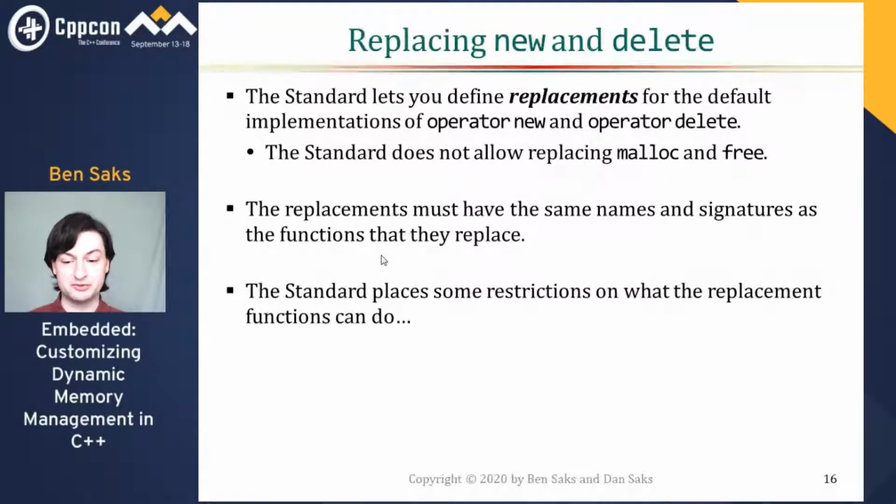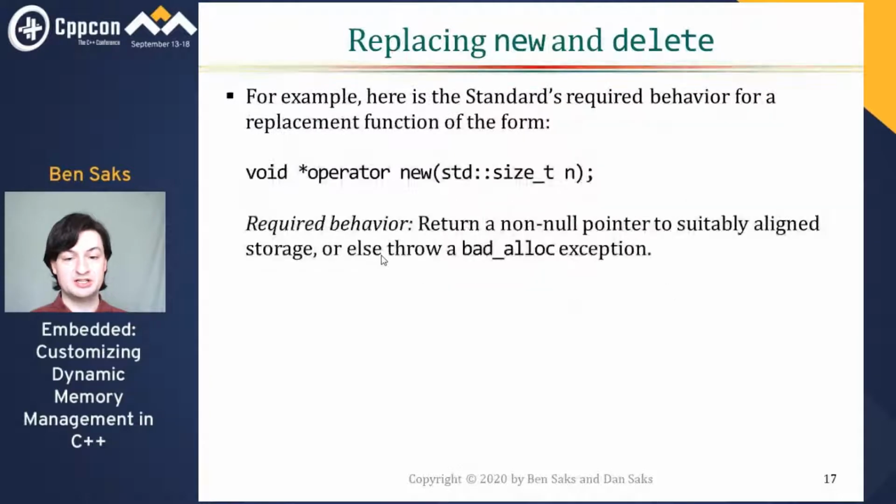There are some restrictions on what these replacement functions can do. The operator new function that you would write would look like this, and the required behavior is it either returns a non-null pointer to suitably aligned storage, or it throws a bad_alloc exception.